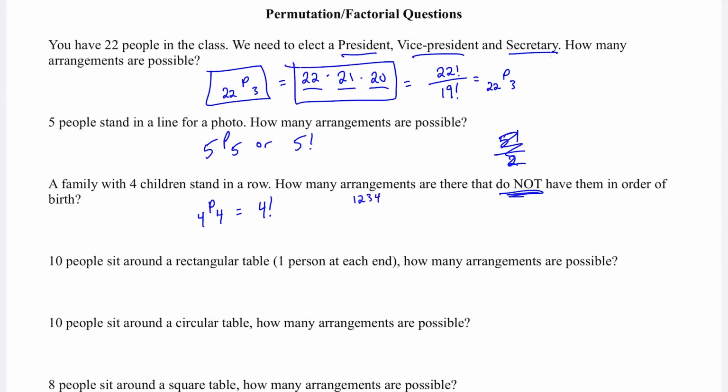So I would argue on this one, if we had them in order of 1, 2, 3, 4, so oldest, second oldest, third oldest, youngest, or we have 4, 3, 2, 1, either one of those is actually the order of birth. So there'd be 2 options in here that would leave them in the order of birth, which is 4 factorial then, and we minus 2 options off of that.